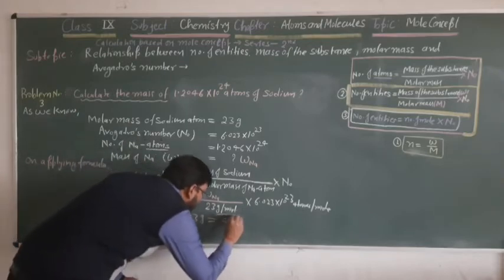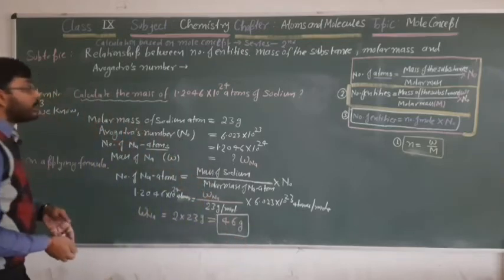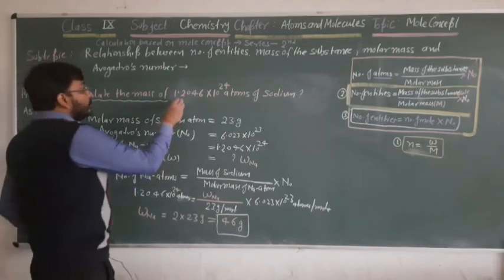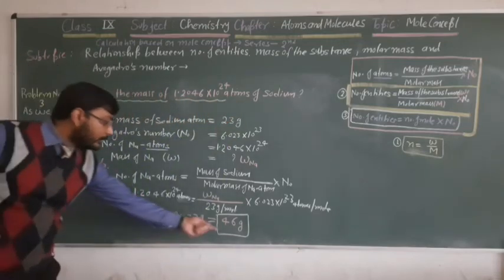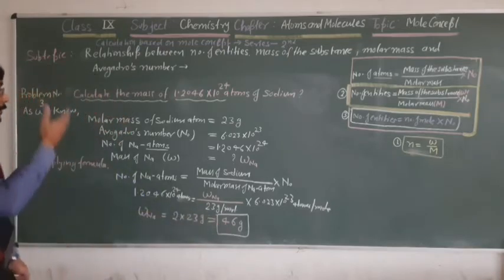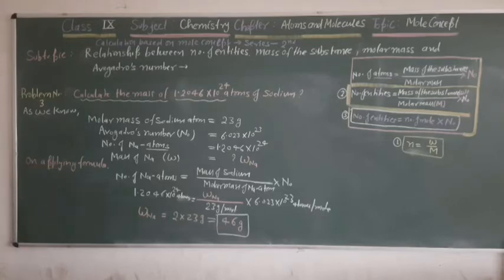So now we have calculated that the mass of 1.2046 into 10 to the power 24 atoms of sodium is 46 gram. Now you note it down and I will solve another problem based on another concept.